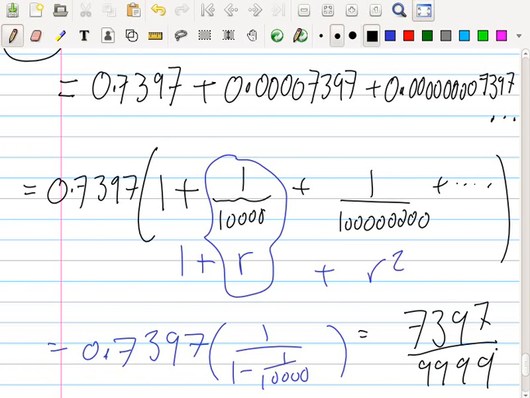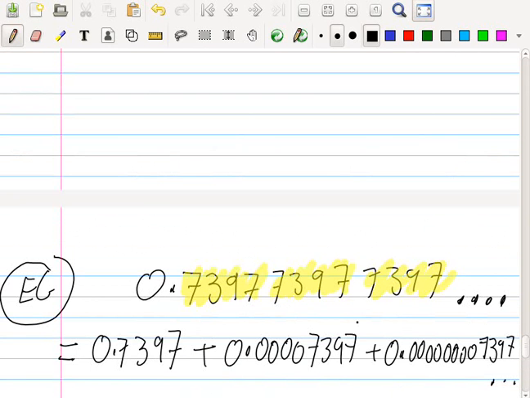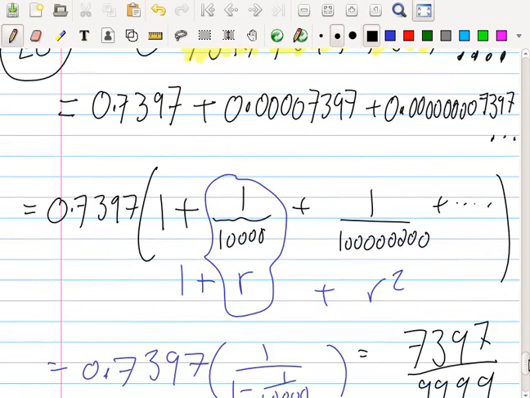Now, I want everybody to take out their calculator, type this in, and write it as a decimal on your screen. And it should be equal to the original decimal up the top. So this is how you can change a repeating decimal into a fraction.